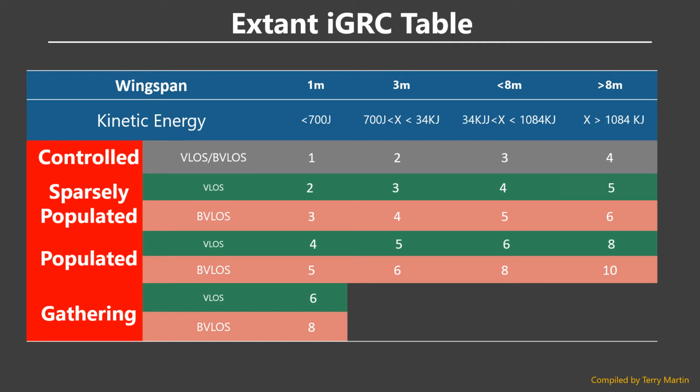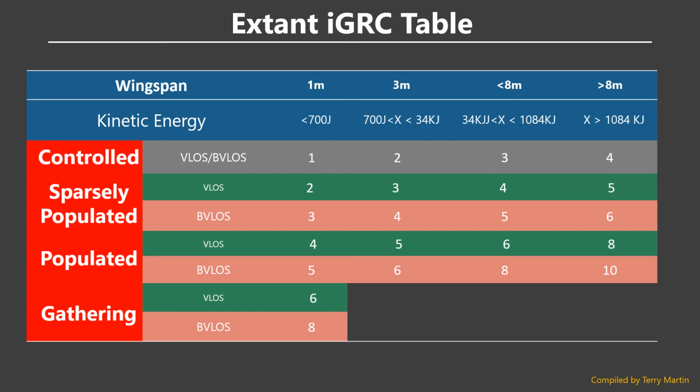And on the left-hand side are the qualitative bands for population density, shown in red: controlled, sparsely populated, populated, and gathering. And finally, for each of the population bands, there are sub-bands for visual line of sight and beyond visual line of sight flight. Given all of these metrics, you can pretty much locate what your IGRC value is, and that's used later on in the overall ground risk process.